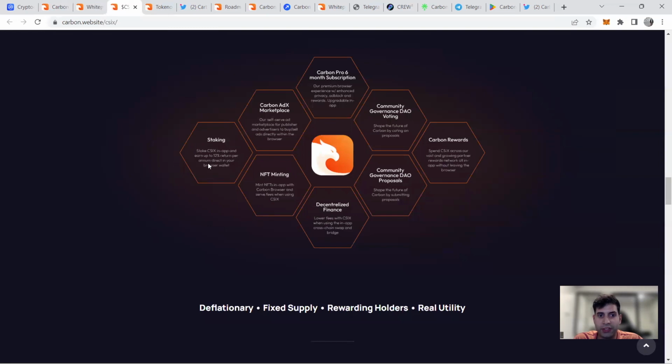You can stake within the in-app platform and earn up to 12% per annum return. When you have the browser wallet, you will also do the staking in there. You have NFT minting, so you can mint NFTs in the application using the token. You have the DEX, DAO proposal voting, the Carbon rewards, as I mentioned earlier, and also governance voting.